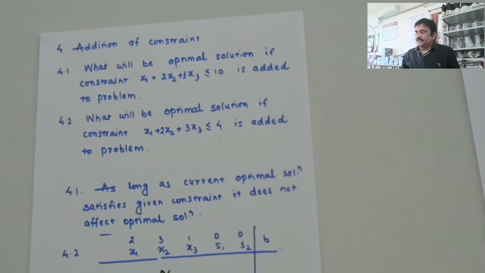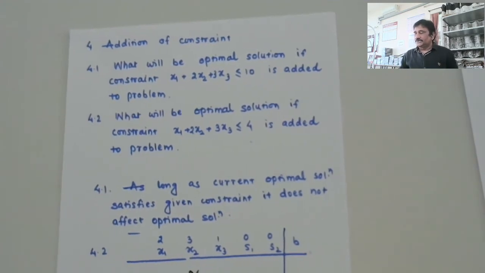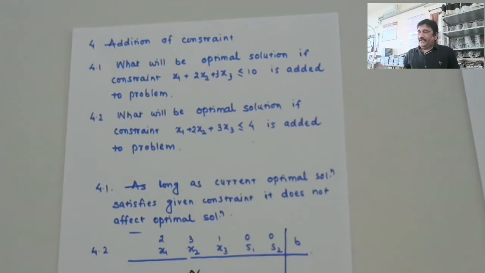For example, what will be the optimal solution if the constraint x1 plus 2x2 plus 3x3 less than or equal to 10 is added to the problem? As long as your constraint gets satisfied with the existing optimal, the constraint is meaningless. It is an ineffective constraint, because it is not resisting your optimal solution from being optimal.